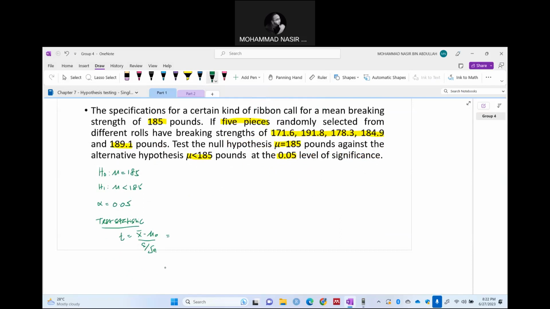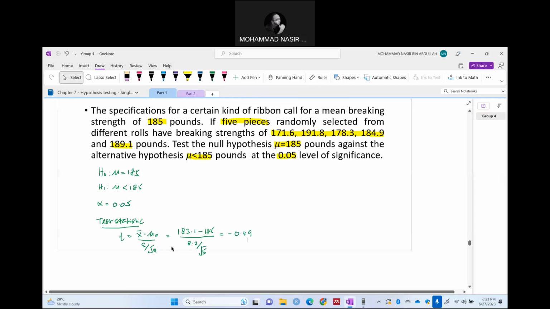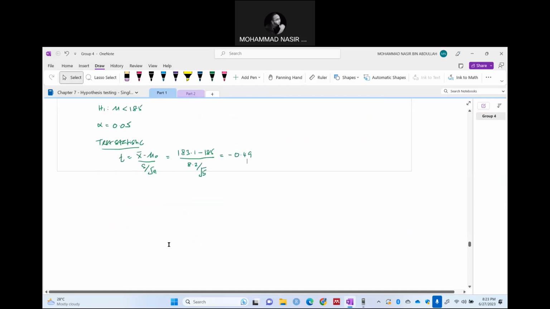So x bar is 183.1 minus mu naught 185 divided by standard deviation 8.2 divided by square root of 5. Right? Okay. So this one is negative 0.49. So we are using the T distribution instead of the Z distribution.